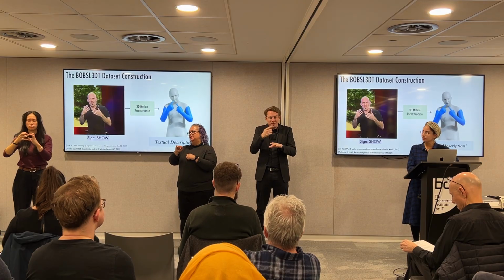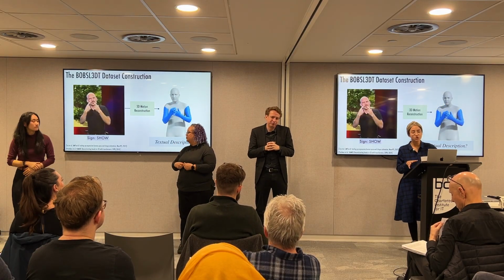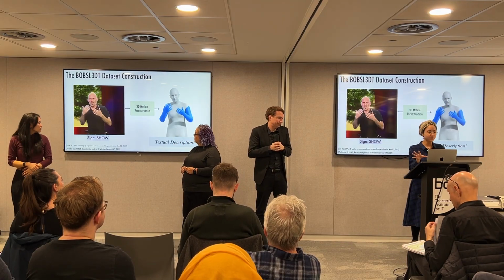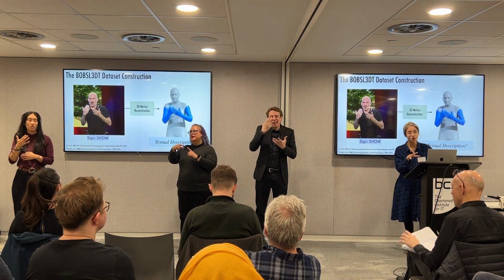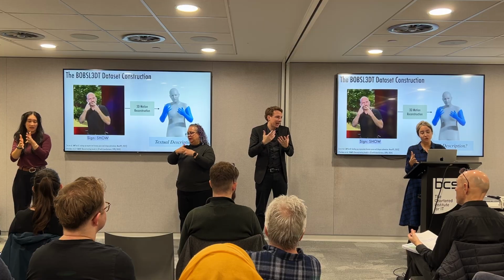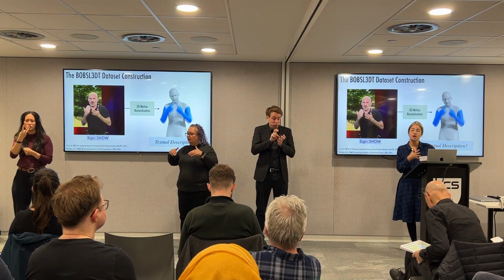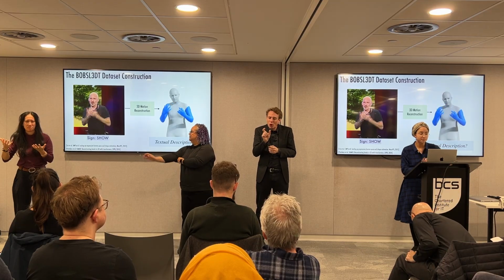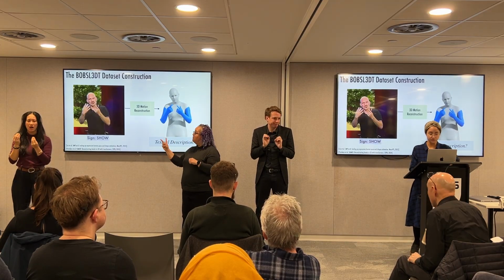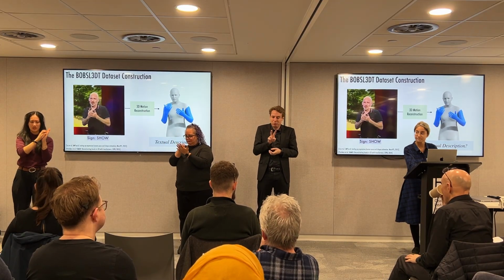Now for a given sign name, we have a 3D motion, but we still don't have an actual textual description of the motion. How do we use both these elements to get this textual description is going to be the next part.